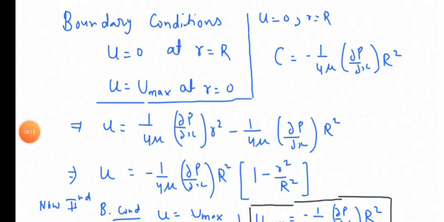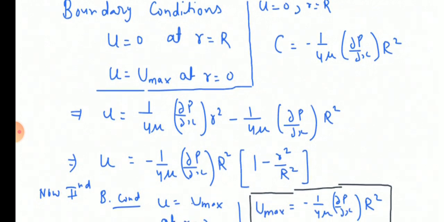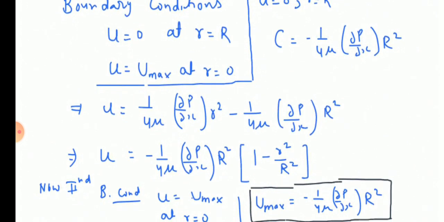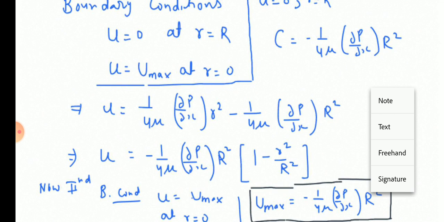Now putting the boundary condition, u is equal to 0 at radius capital R, and u will be maximum at the center because at the center line no resistance is there. By this we get the constant value c. We put that value in the equation and get u is equal to minus 1 by 4 mu del P by del x capital R square times 1 minus r square upon R square.